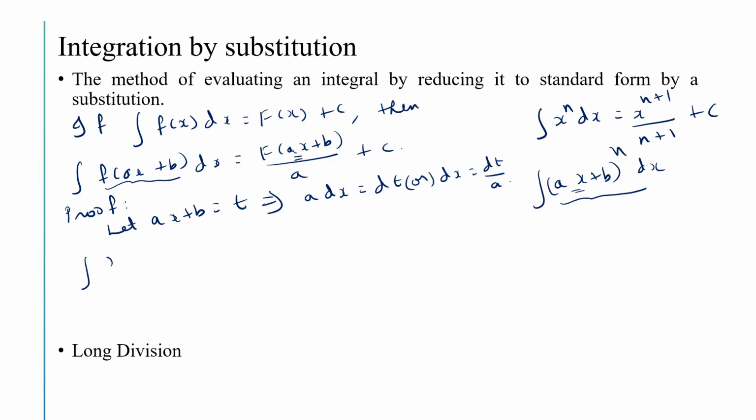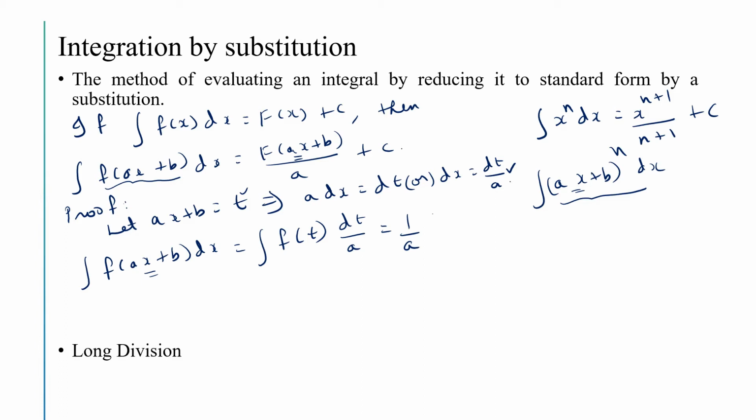So integral f of ax plus b into dx will become integral f of t, because ax plus b we have taken as t, and dx is dt by a. So it becomes integral f of t dt divided by a, which is equal to 1 by a into integral f of t dt.